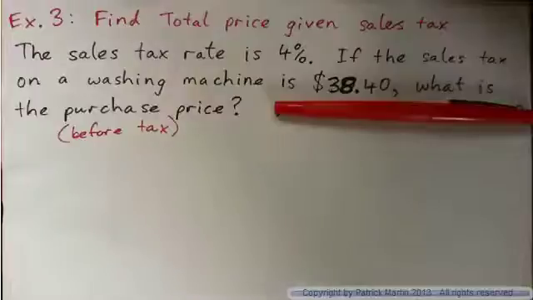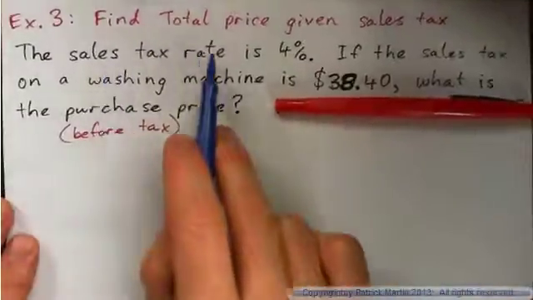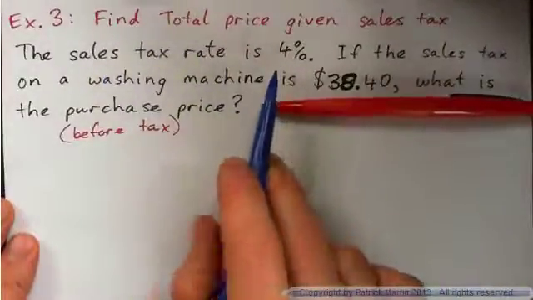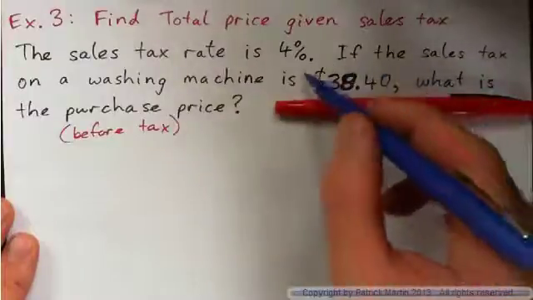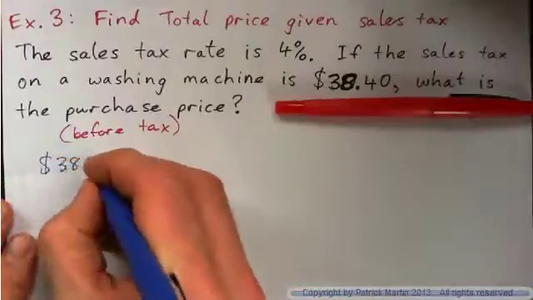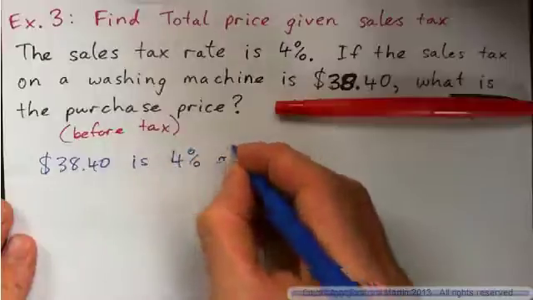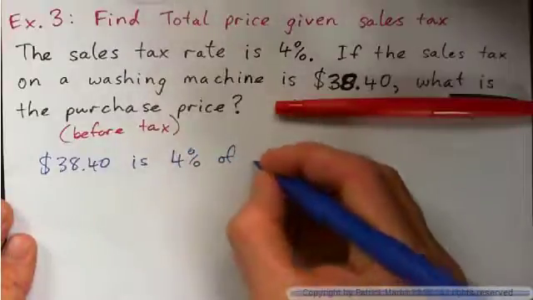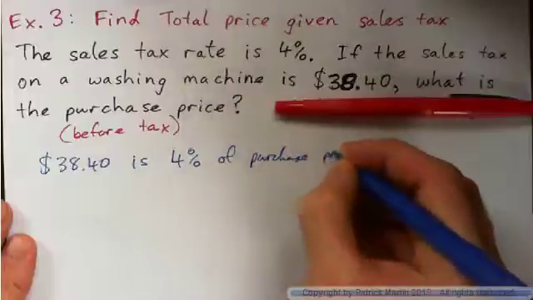Okay, I hope you've had a chance to press pause and try it. I'm going to do it now with you slowly, okay? So the sales tax rate is 4%, and the sales tax itself is $38.40. So basically, the $38.40 is 4% of the purchase price, if you know what I mean.